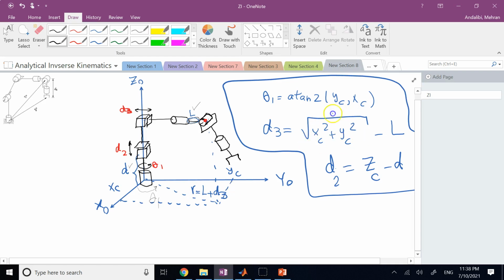So if you calculate that hypotenuse r and subtract the constant L from it, that's your d3 prismatic variable, and then d2 plus constant d is going to be zc, so d2 is zc minus d.